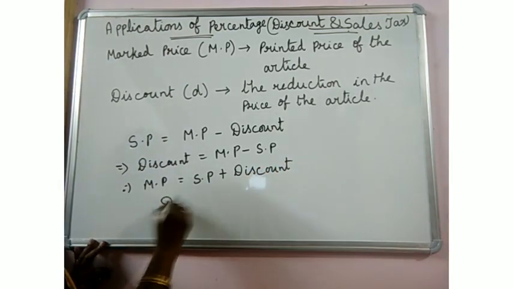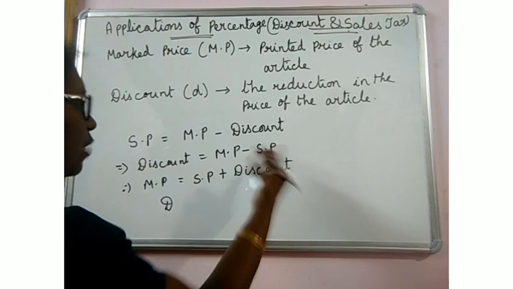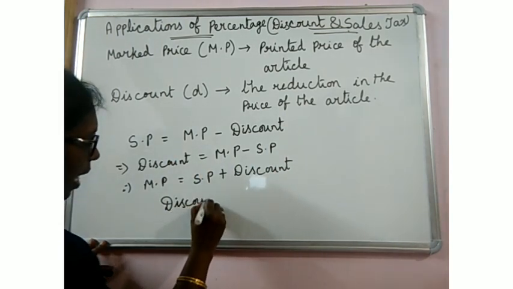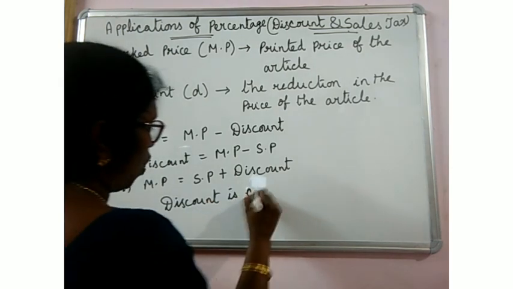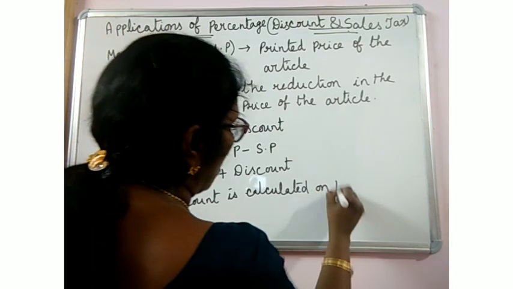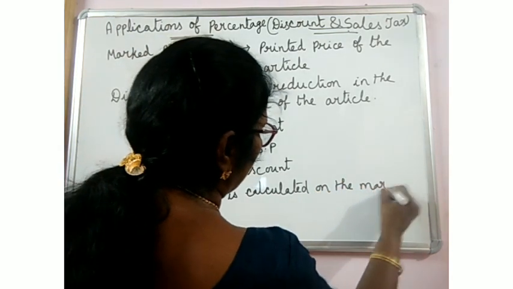That means if you know the marked price and selling price, you can subtract to get the discount. Discount is calculated on the marked price.